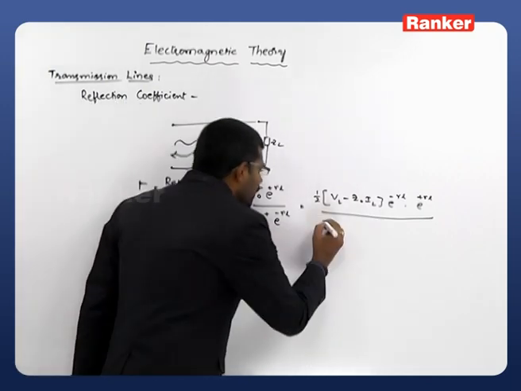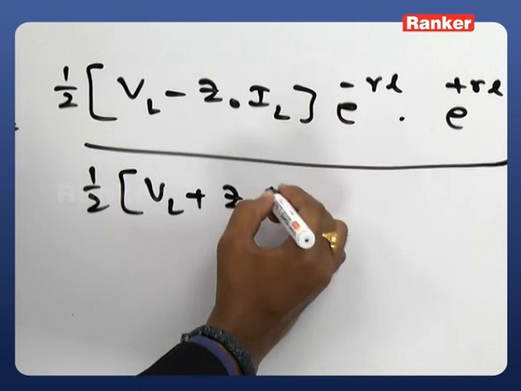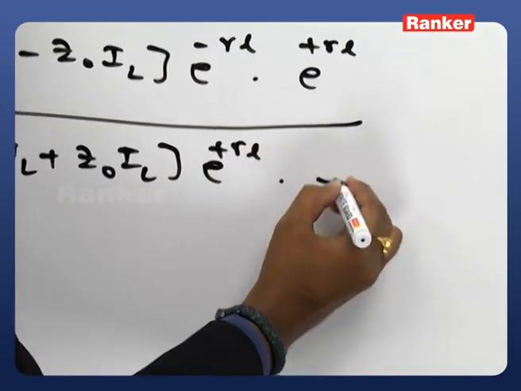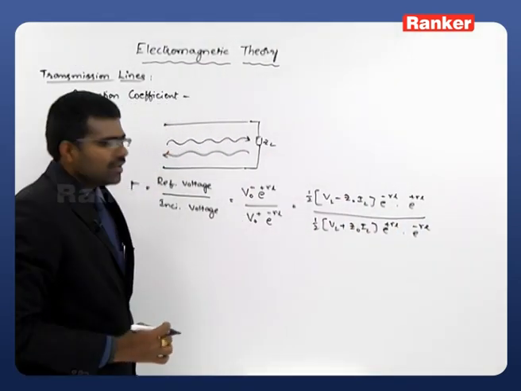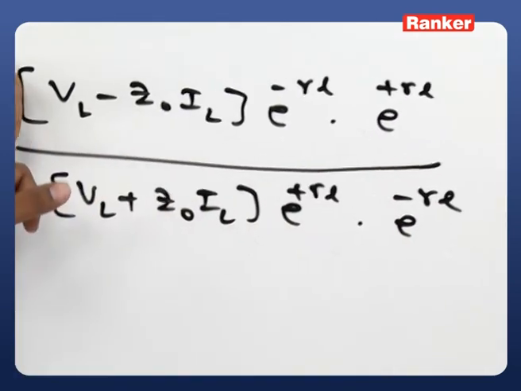Instead of V0 plus, you can write 1 by 2 (VL plus Z0 IL) e power plus gamma L multiplied with e power minus gamma L, that is this term, right? Now simplify this one. If you simplify, these two terms will be cancelled, half will be cancelled.